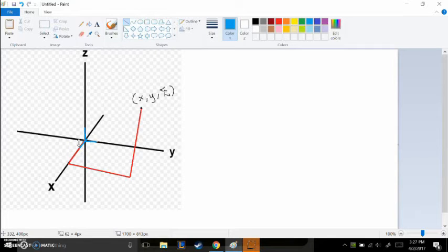Cartesian system, and what they do is they tell us this is the y direction, this is a unit length 1 in the x direction, this is a unit length 1 in the y direction, and this is a unit length 1 in the z direction.